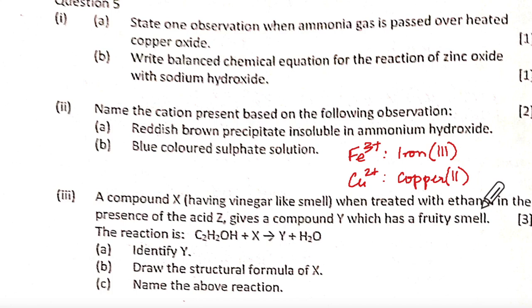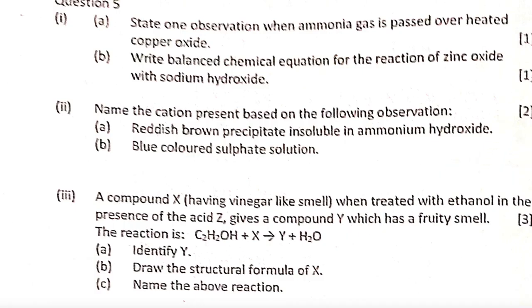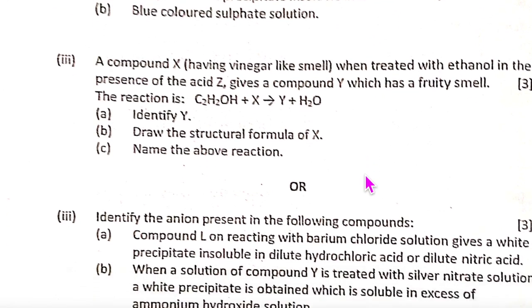Name the cation, so here you would also write ferric ion, and this will be cupric. Cuprous is Cu1+. How is it so far? Are you counting the marks side by side? Be quick in giving yourself marks also.